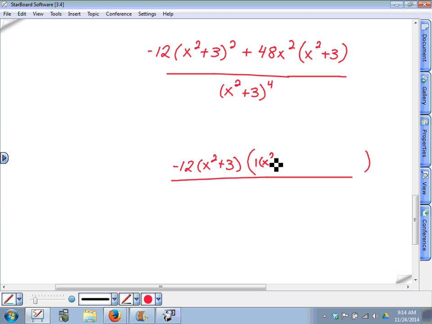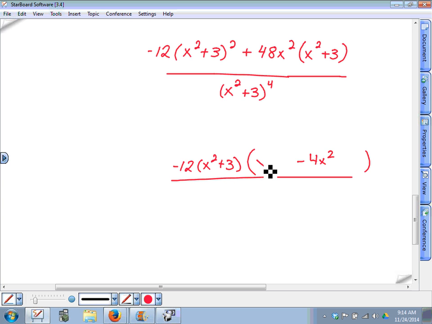1 times x squared plus 3 minus 3... 4x squared. Now, do we really need this 1 parenthesis x squared plus 3?